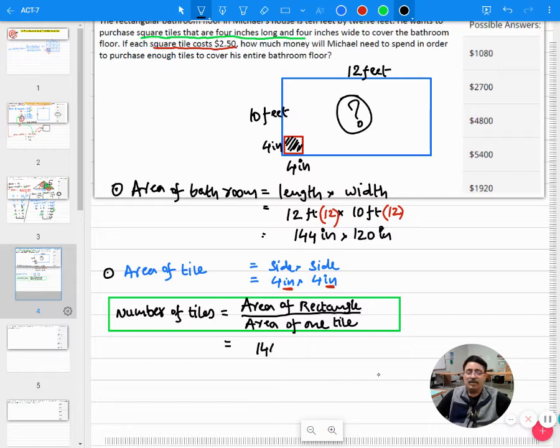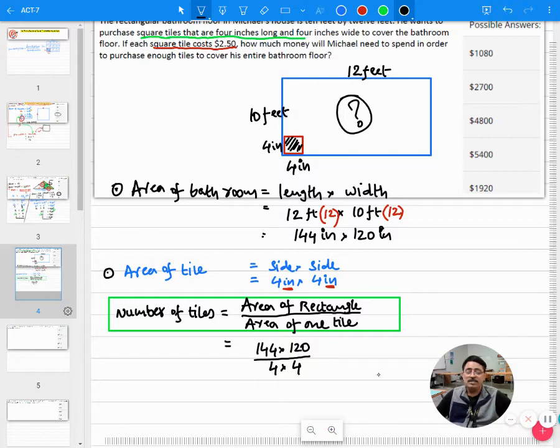But I am writing 144 times 120, that's the area of the rectangle taken from here. Next, area of tile goes to the denominator, which is 4 times 4.